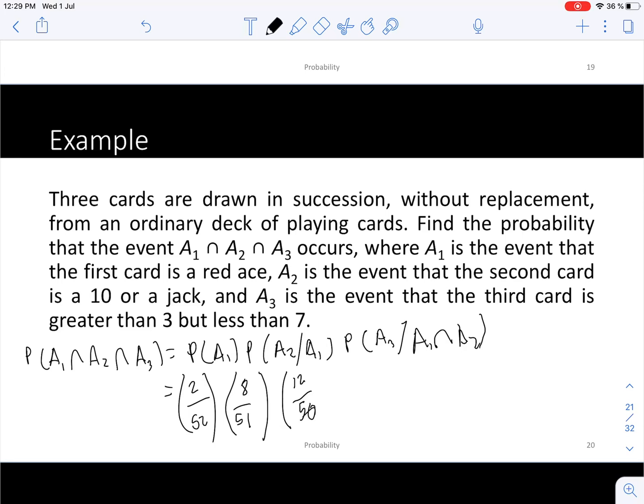Why 50? Because this is the third card, right? So we started with 52, then we had 51, and now we have 50 available when the third is going to be selected. That means that the probability here is 8 over 5,525. And that will be a solution using the multiplicative rule with multiple events.